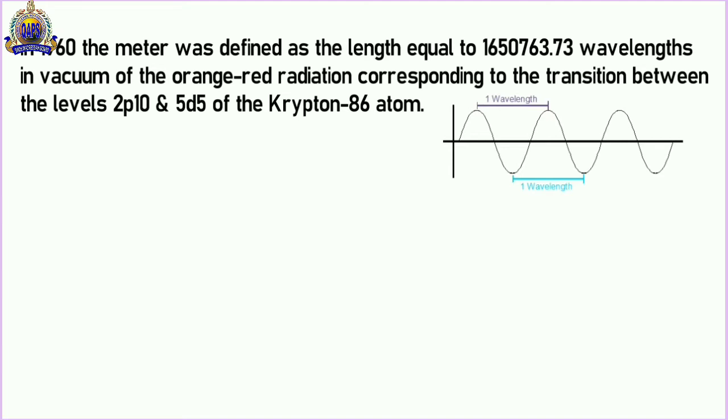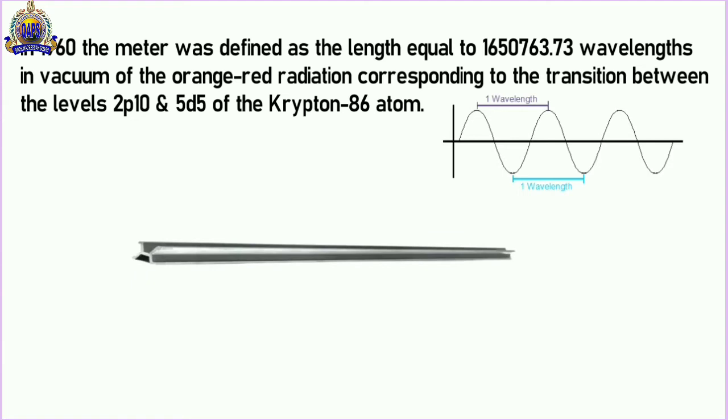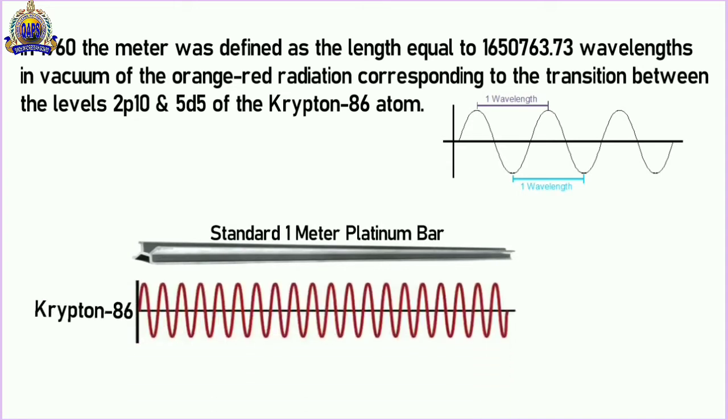Wavelength is the distance between 2 points, which can be 2 upper points or 2 lower points, and this distance is called the wavelength. It is represented by lambda, and you will study it further. So keep in your mind that the standard 1 meter platinum bar was kept the same, but it was seen how many wavelengths of krypton cover to measure this 1 meter platinum bar.